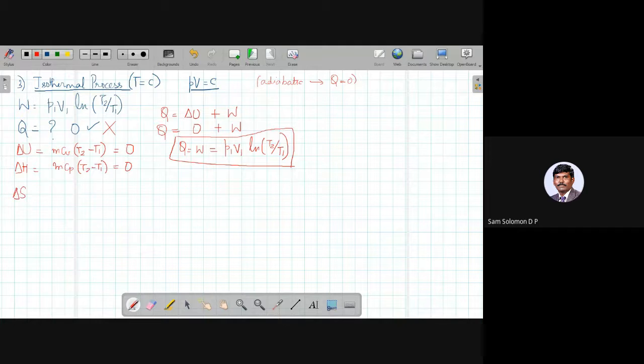What about delta S? Delta S is going to be the integral of dq by T. And here, this is going to be slightly different because I can't have dq from this equation.